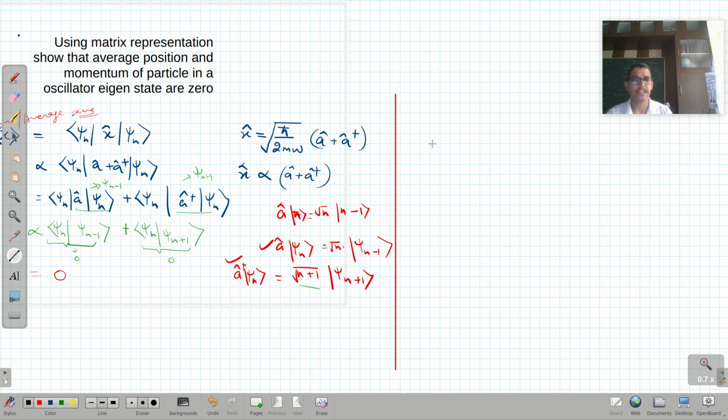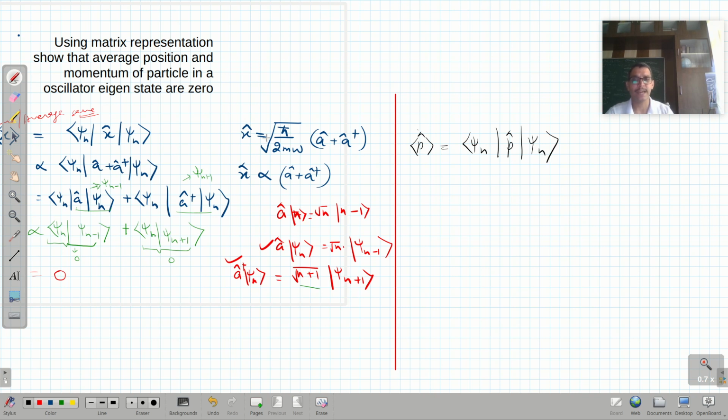So the expectation value of momentum can again be written like this: psi n p psi n.